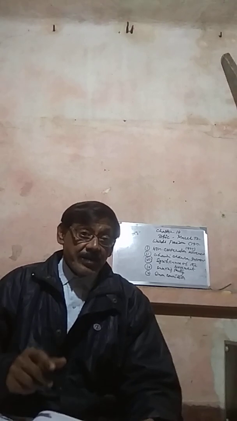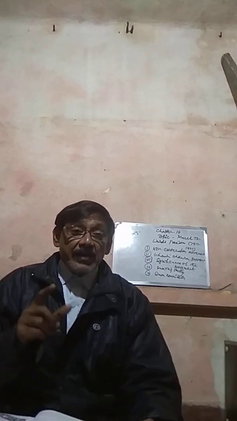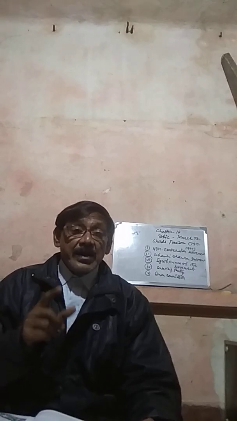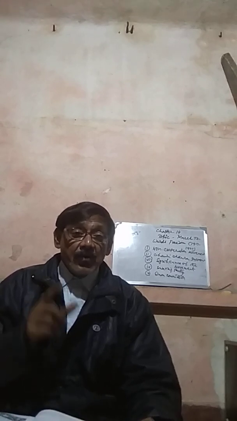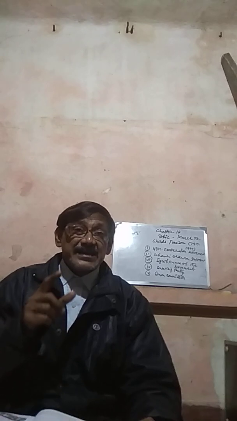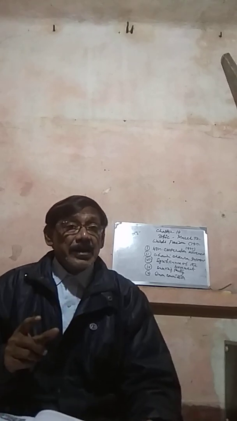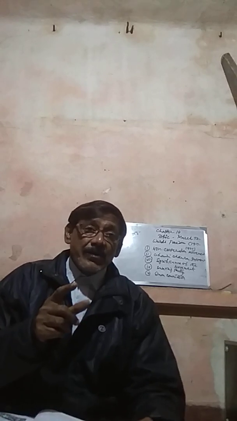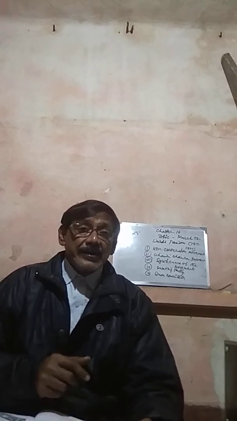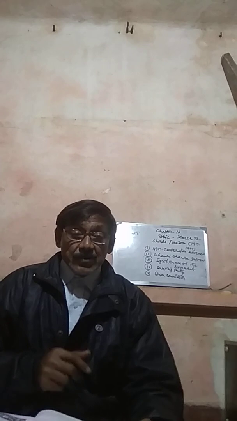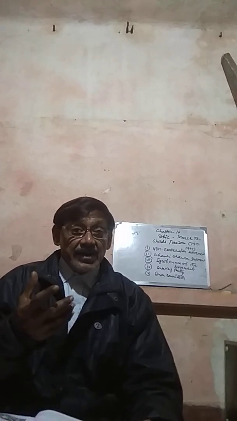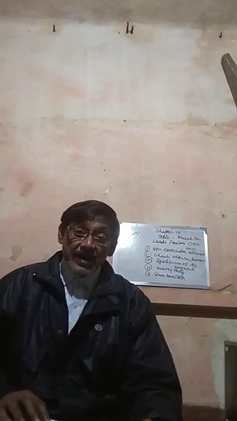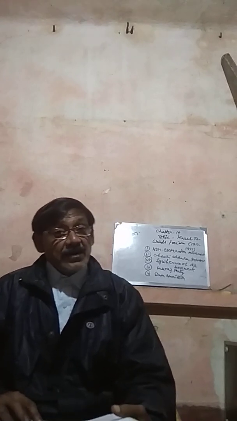Because no Indian member was included in the commission. All the members who came to India with the Simon Commission belonged to England. So it harmed the sentiments of Indian people and Indian leaders. That's why they boycotted the Simon Commission.